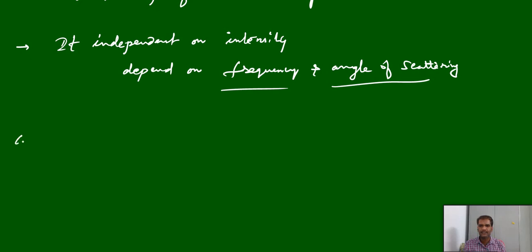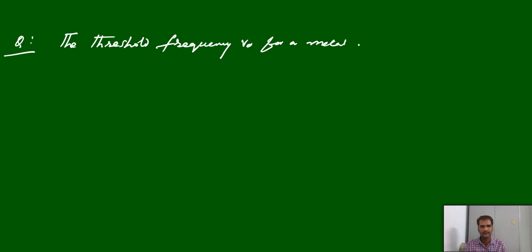We'll see a few numericals here. The threshold frequency nu naught for a metal is 7 into 10 power 14 second inverse.